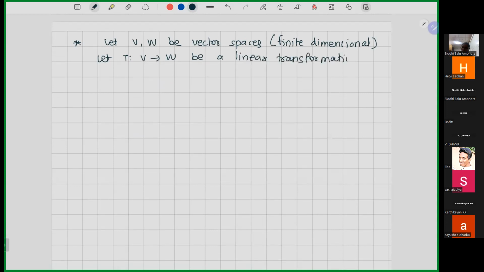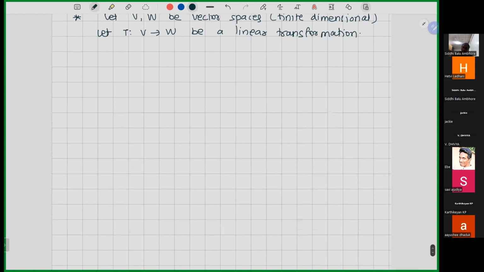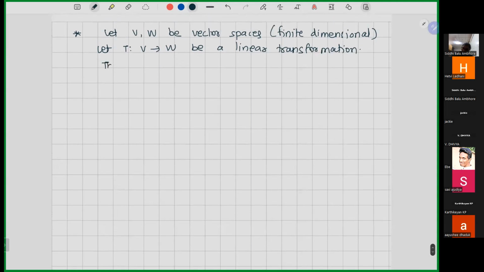Let beta be a basis of V, v1 to vm, and gamma be a basis of W, w1 to wn, respectively.